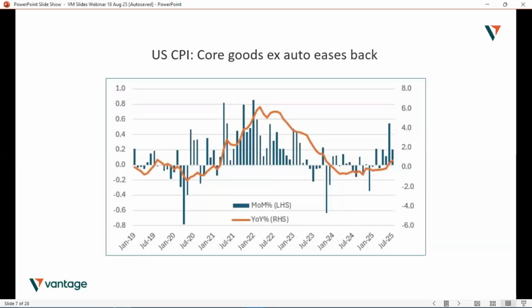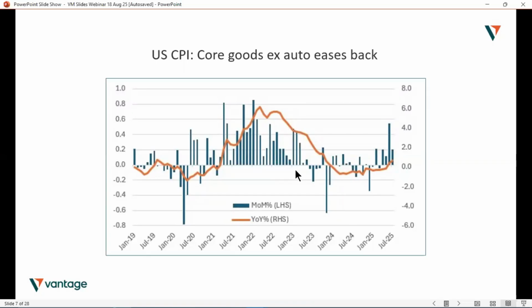And all against that on the CPI data anyway, you've got cooling housing rents, cooling wages and cooling energy costs potentially, all expected to offset then the tariff effects over the coming quarters. So even if we do get tariff inflation impact that we see in the coming months, then we've got those offsetting factors as well to consider.